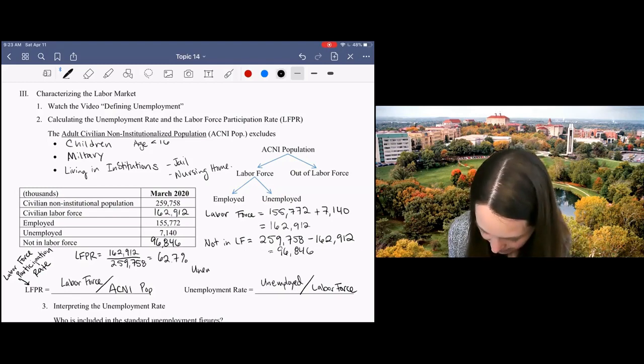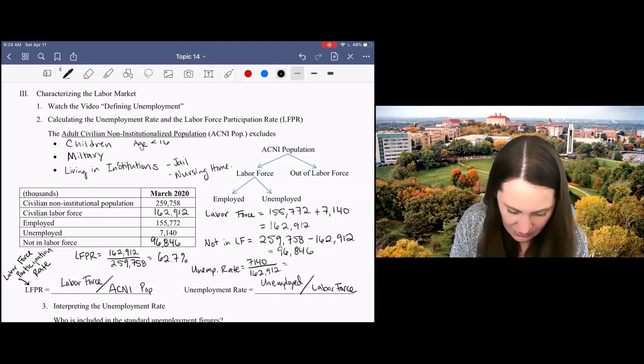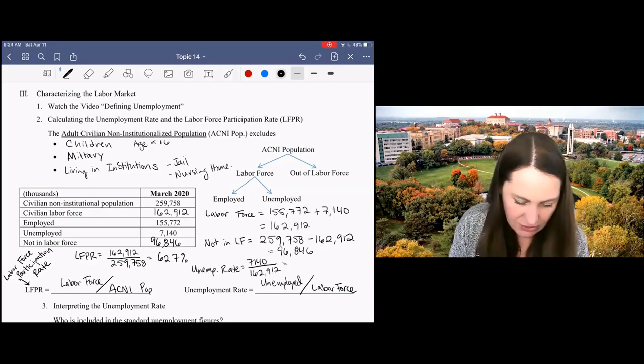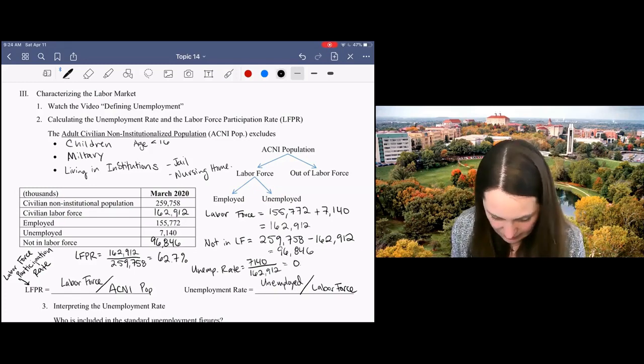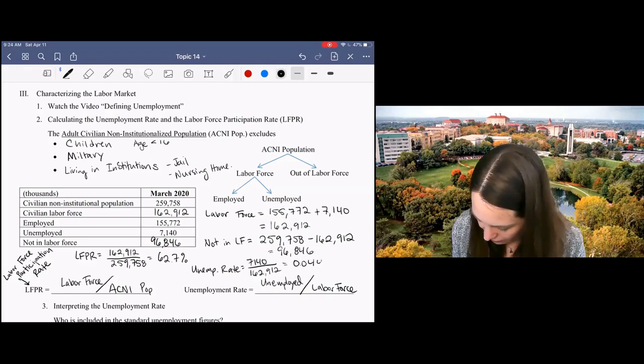And then the unemployment rate will be the number of people who are unemployed divided by the number of people in the labor force. So 7140 divided by 162,912. And that gives me 0.044 or 4.4%.